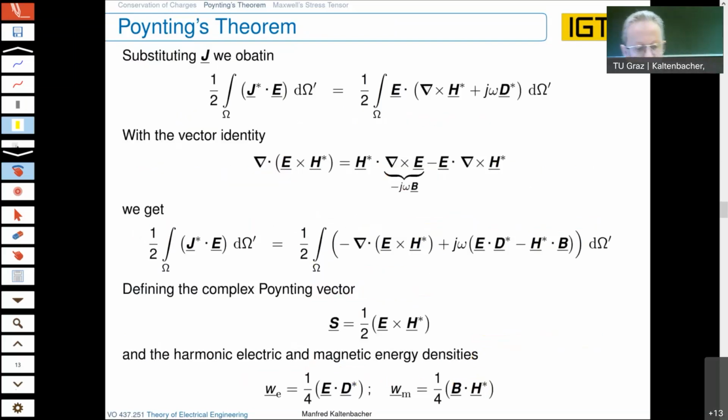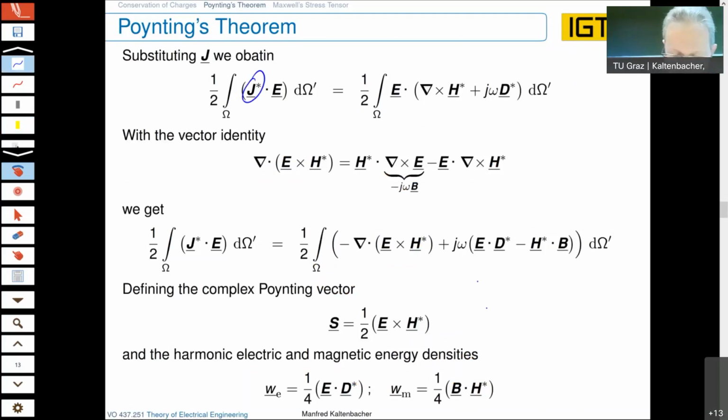Okay, so now we have our term, as we have seen before. We have this term where we integrate over the volume the conjugate complex of J dot product with E, and we now substitute here in this sense J, so the current density conjugate complex.